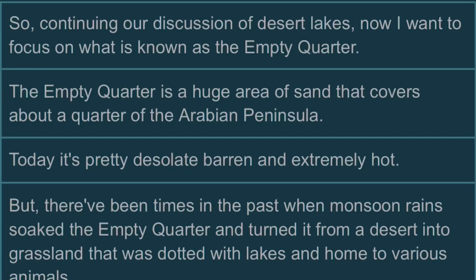So, continuing our discussion of desert lakes, now I want to focus on what's known as the empty quarter. The empty quarter is a huge area of sand that covers about a quarter of the Arabian Peninsula. Today, it's pretty desolate, barren, and extremely hot.